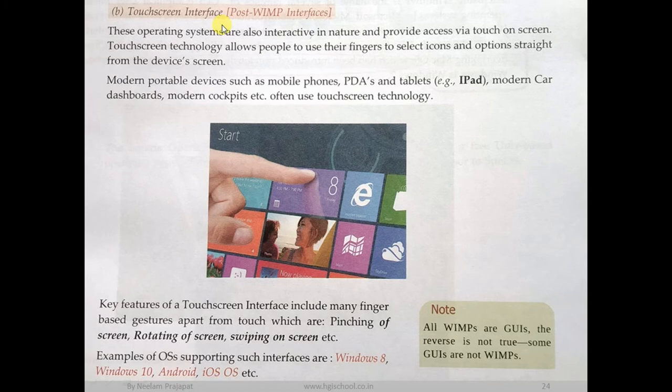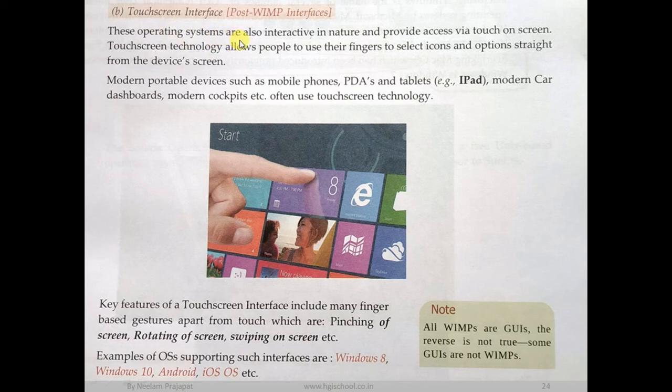Now the touch screen interface. Now, the GUI you have seen is one that is there in a PC. This one is the touch screen. Here we don't have a mouse and keyboard. Simply by touch sensitivity we can use these devices. This is a facility actually.